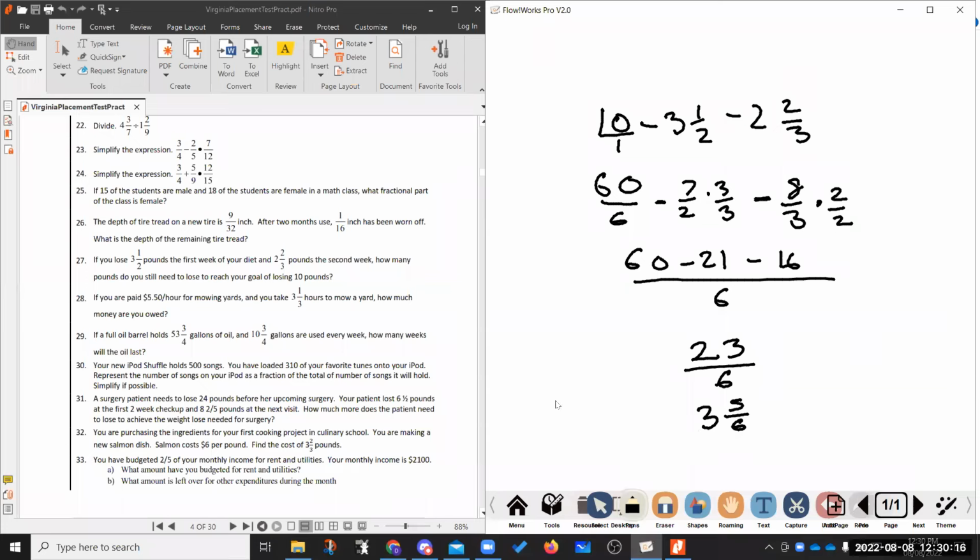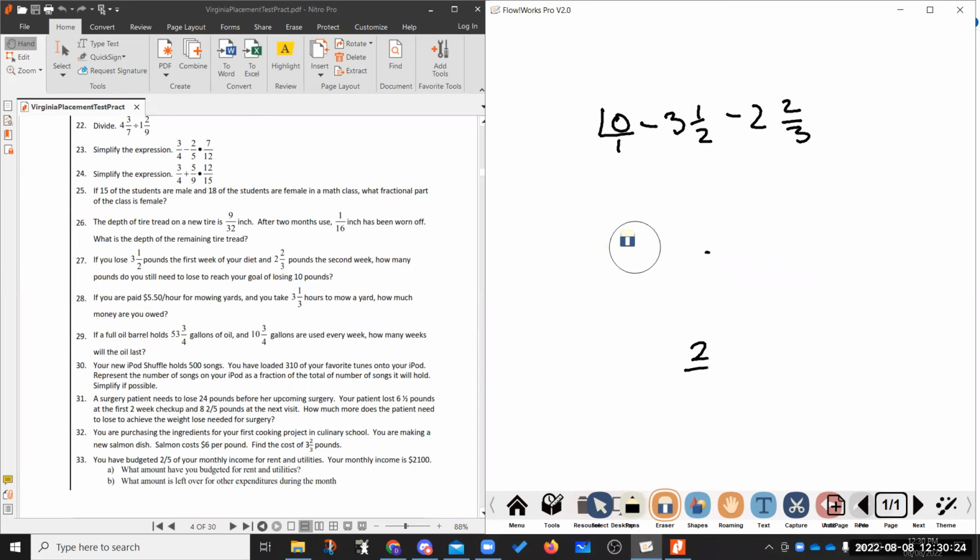Could have done that with our mixed numbers, stacking them vertically. Let's go ahead and do that. 10 minus 3.5. So we're going to have to borrow here.